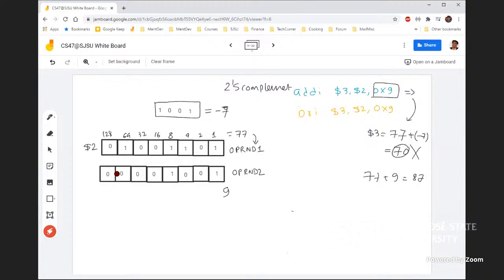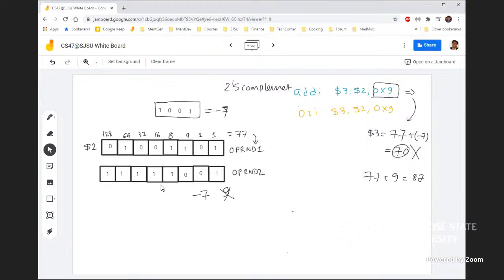So instead of putting zeros, we need to put 1 here, everything here. Then this represents -7. You can calculate this bit pattern's 2's complement on your own, but it represents -7.